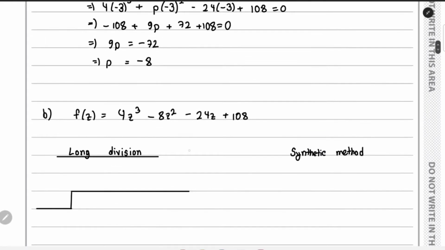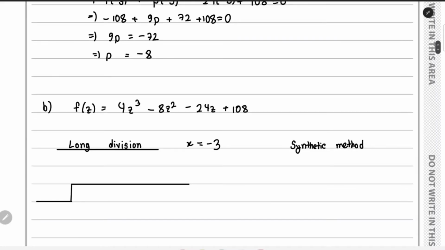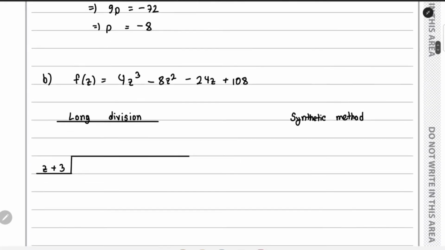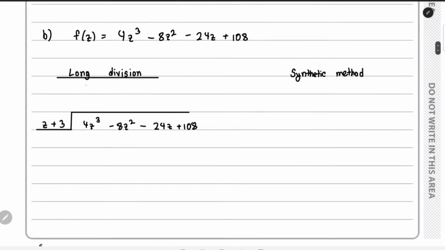Since z equals to minus 3 is a root, z plus 3 will be a factor of this equation. So z plus 3 in this case, and I divide 4z cube minus 8z square minus 24z plus 108. I have 4z square over here, 4z cube plus 3 times 4z square is 12z square.